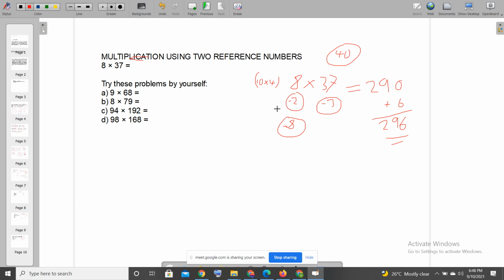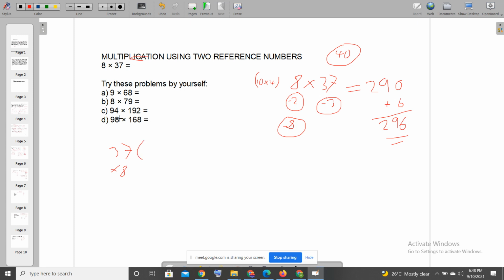Now we are learning so many strategies. So now you will pick the one that is easy for you, and you master it. You remember that the first thing when we started, when we have this number, let's say 37 times 8, I will tell you can use the break up rule.